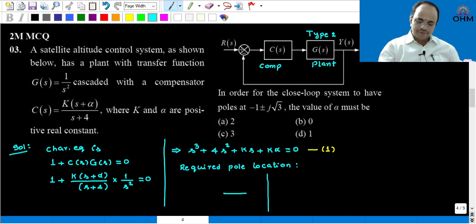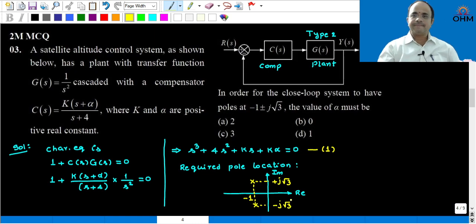That is a complex pole pair given, or you can also understand that as the dominant pole. So real and imaginary pole location, if you draw this pole plot, this is -1 plus j root 3 and -1 minus j root 3.